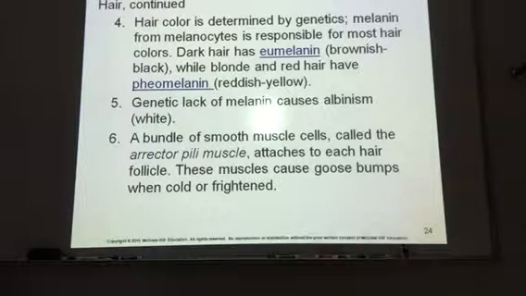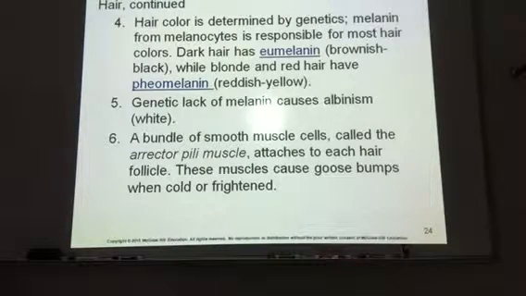Blonde and red hair typically have pheomelanin, and those are just two different types of pigments that are produced. If you completely lack melanin, then you would be an albino. So a true albino has absolutely no melanin. And I myself, in real life, like people that I know, have not seen a true albino.